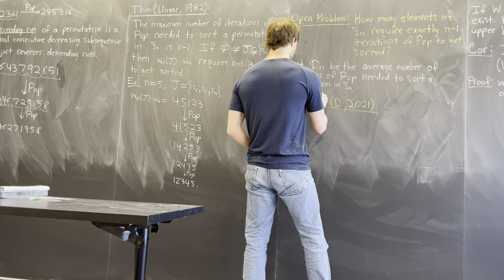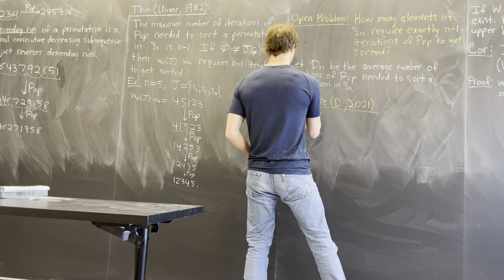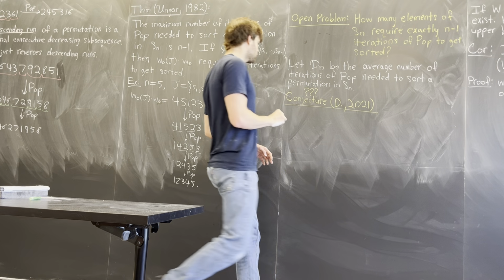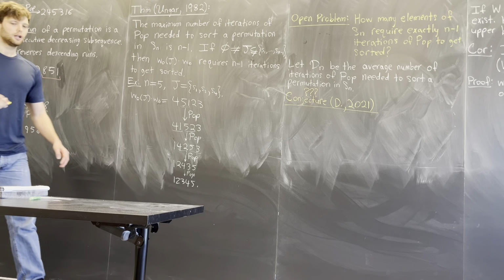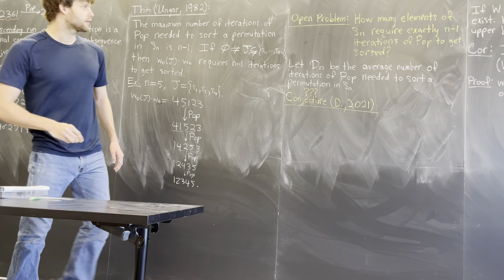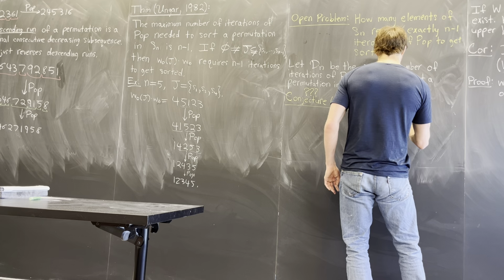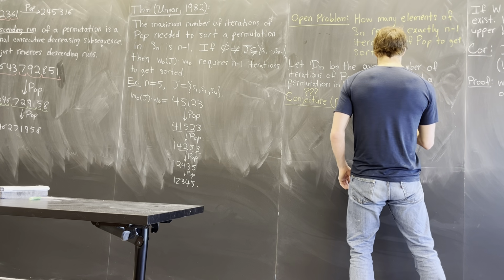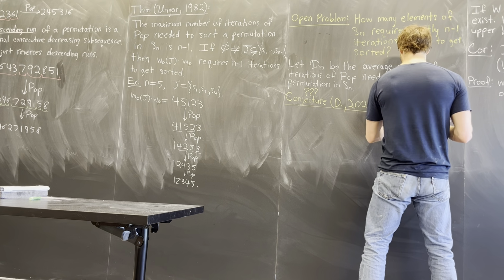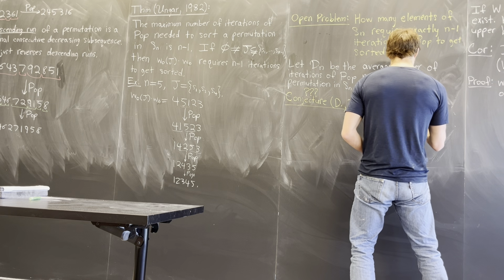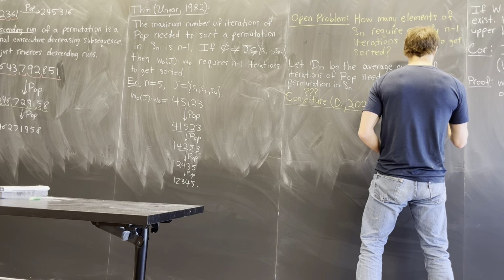Let me put a question mark, because I don't actually know if I believe it still. But the conjecture is that this dn should be n minus little o of n.